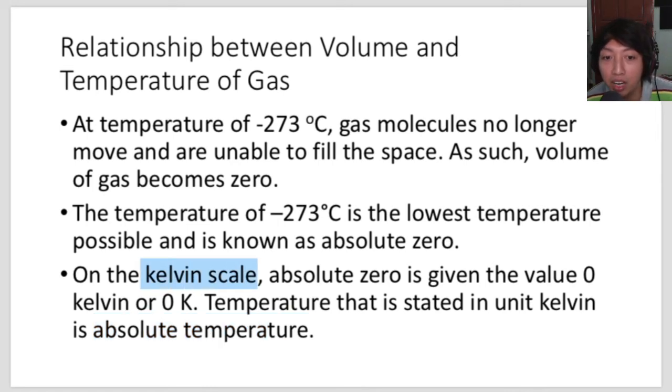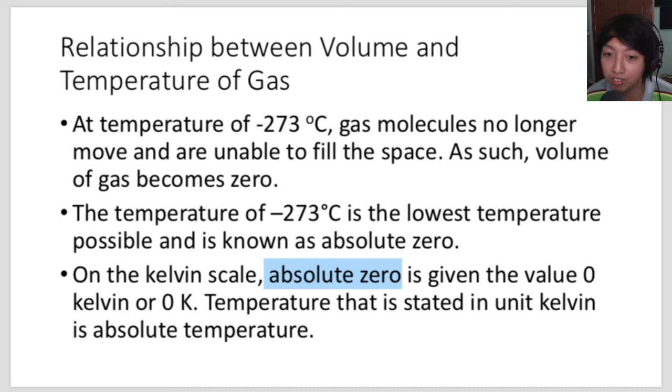Now, the idea of the Kelvin scale is that absolute zero is really zero. There's no such thing as negative Kelvin, because in this situation you cannot say negative energy. You understand what I'm saying? Absolute zero means there's no more heat, no more energy, and you cannot take away any more energy.